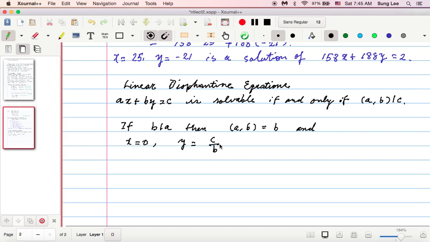C over b, although I'm using division notation, this is an integer because the greatest common divisor of a and b equals b, so b divides c, right? B divides c, so this is an integer, right? We deal with only integers in number theory, okay? So this is an integer. It's a solution, okay? It's a solution.